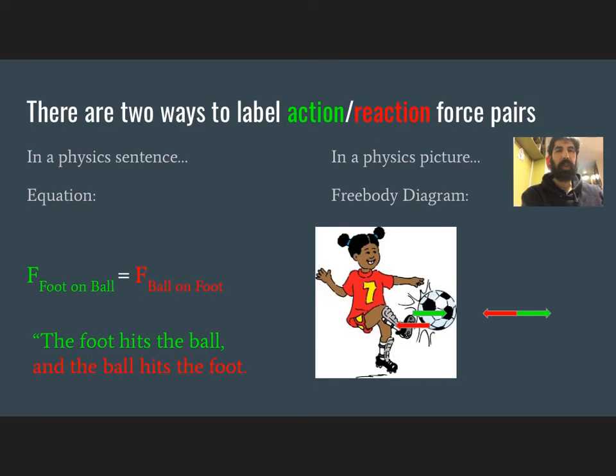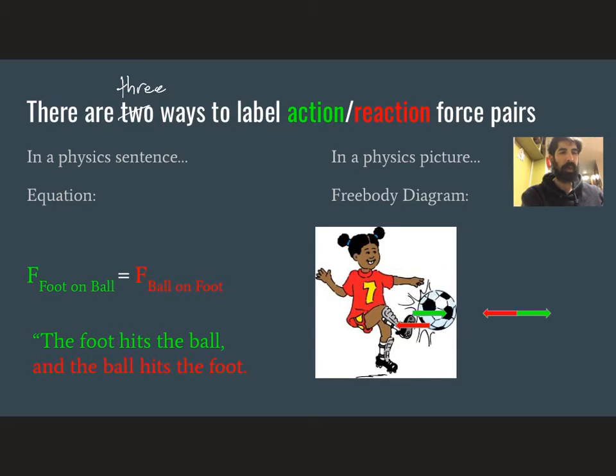This should feel like a review. Remember, there's a couple of ways to label and write these action and reaction pairs. There's not really two, there are actually three ways. Number one, you can draw a free body diagram.